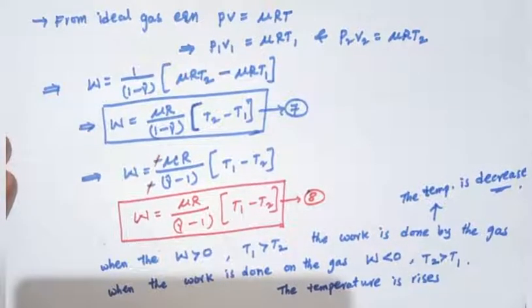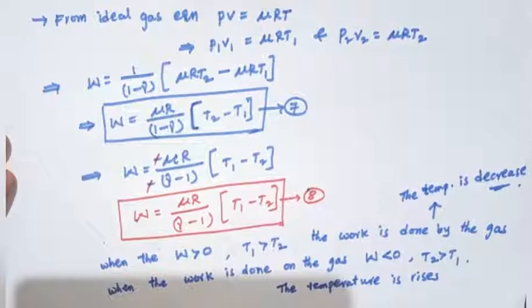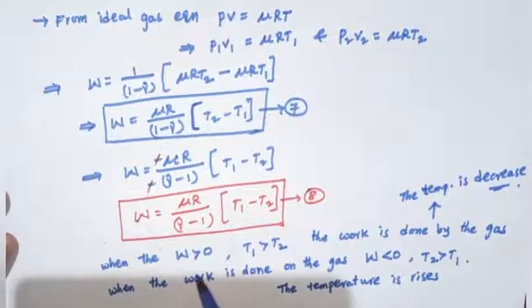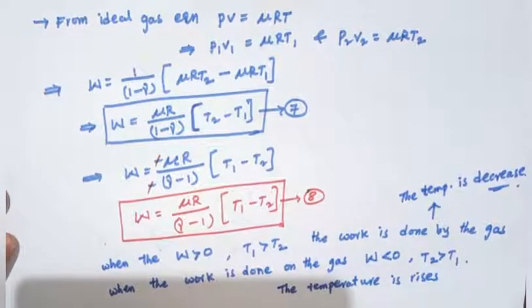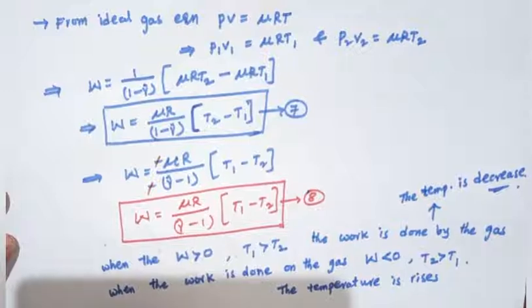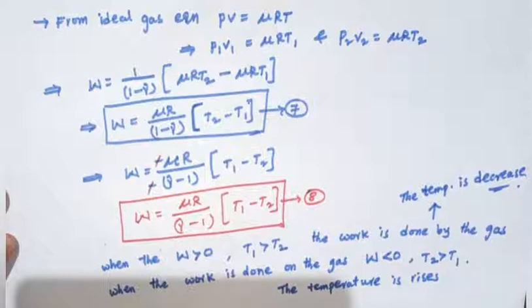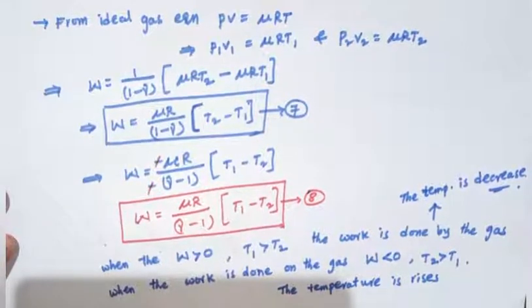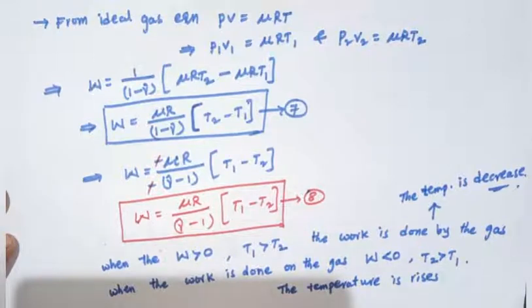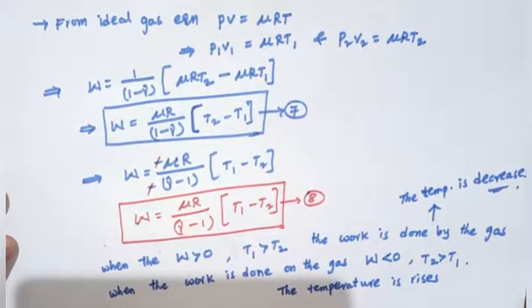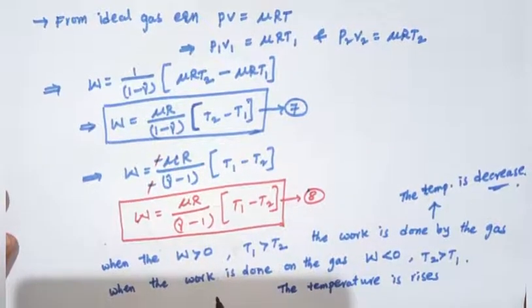The best example for the adiabatic process is when the cycle tube gas is suddenly expanded, we can feel the air is cold when we touch it. This is because of adiabatic expansion.